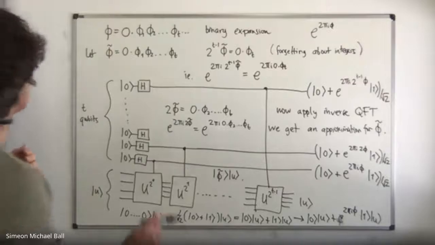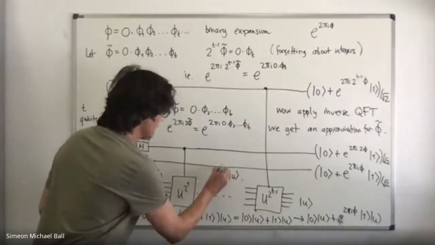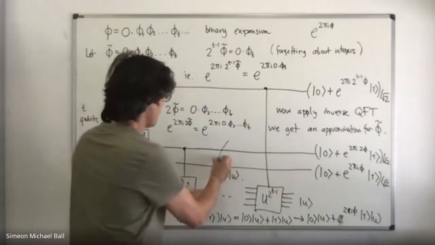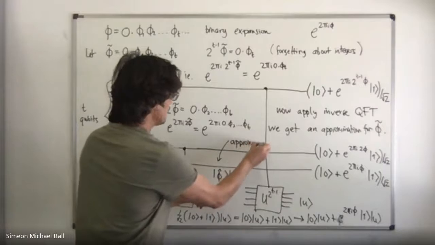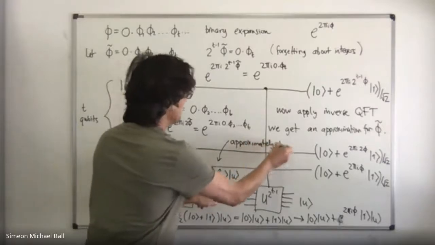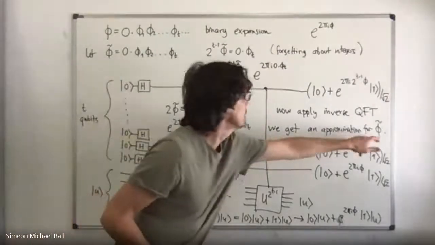Maybe I should call this something else. And now this is phi hat, which is an approximation for phi. So approximately phi. Yeah, but basically it's an approximation to phi tilde or phi.